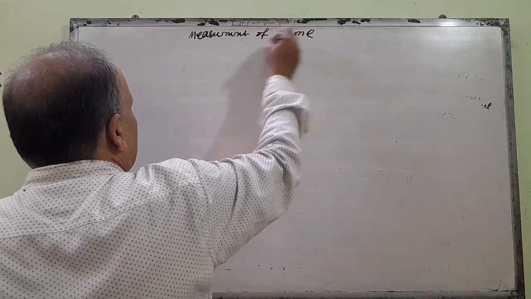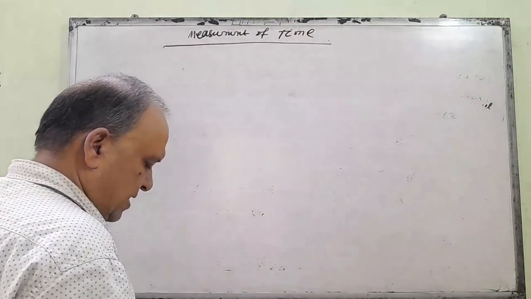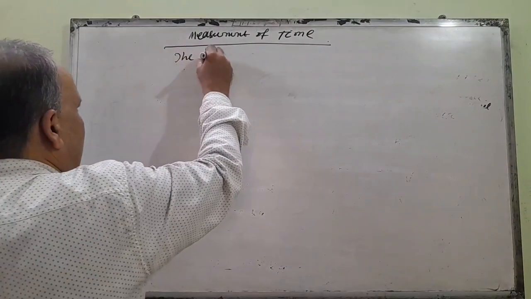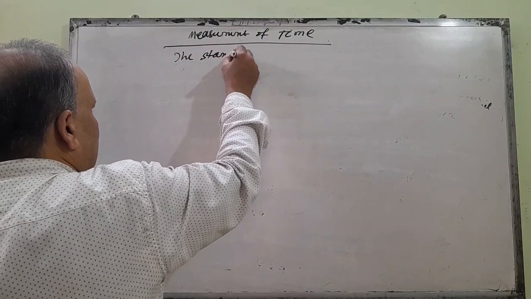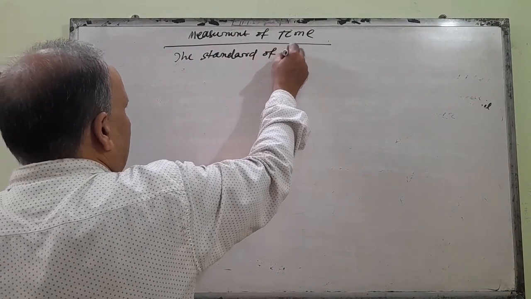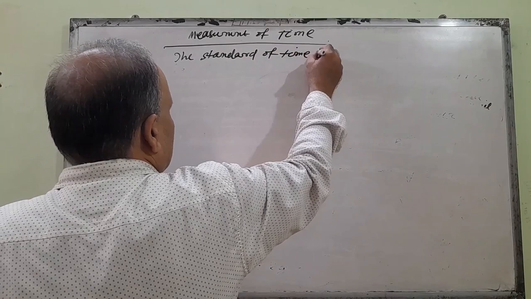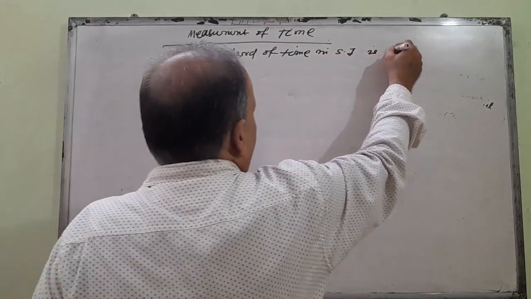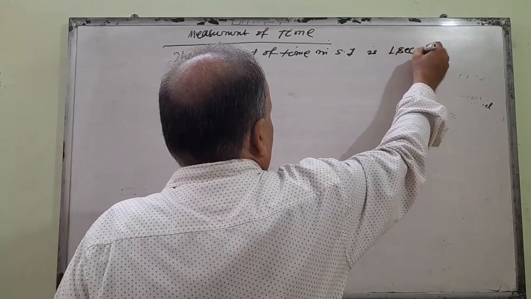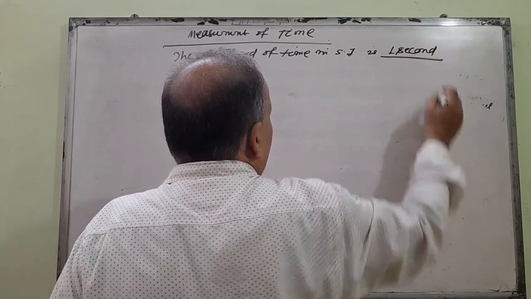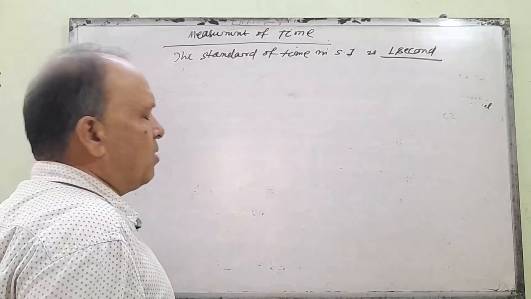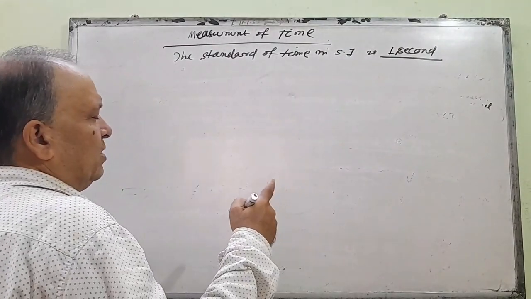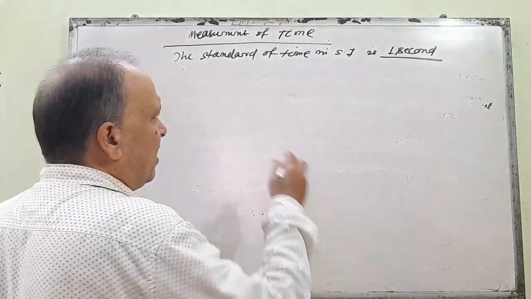You know, time is a fundamental quantity and the standard of time in SI is 1 second. You remember, 1 second. At first the second was found, then 60 seconds is equal to 1 minute, and 60 minutes is equal to 1 hour, like this.